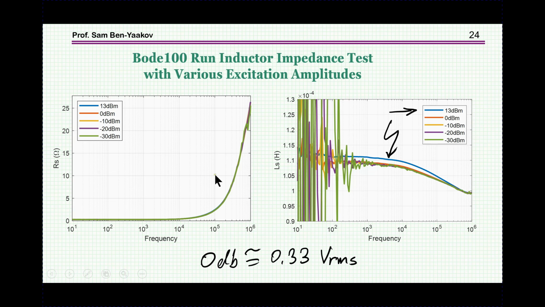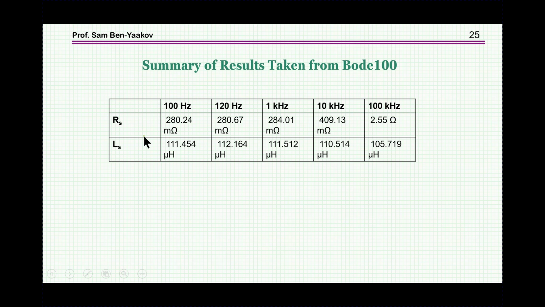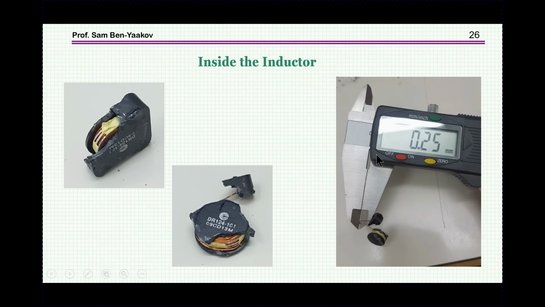I'm looking at the losses here, and the conclusion, as I've said, is that we see here primarily the copper loss and the change of the copper resistance with frequency, that is the RAC component. So to summarize here, we see that the resistance goes from 280 milliohm to 2.5 ohm. Inductance is changing, but really not that much.